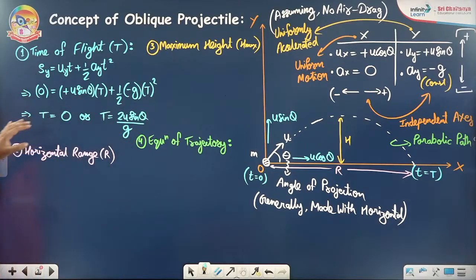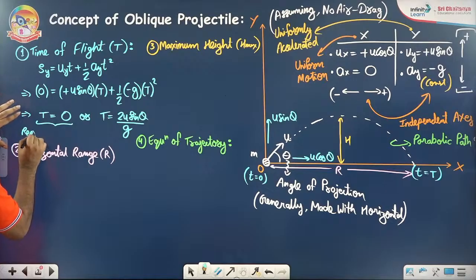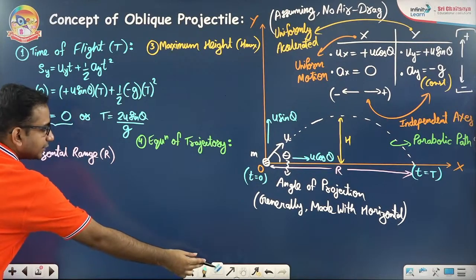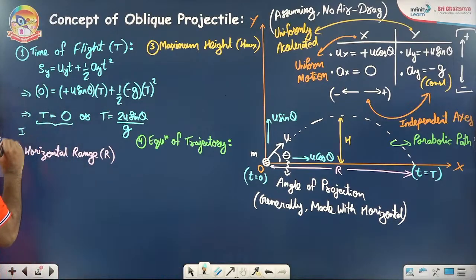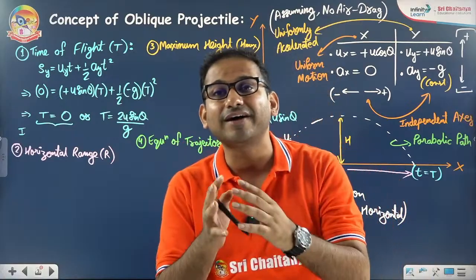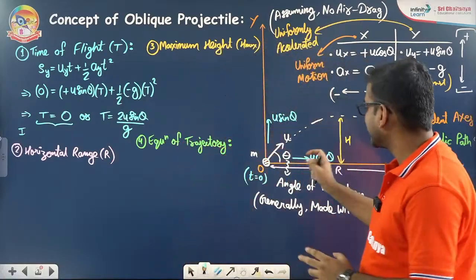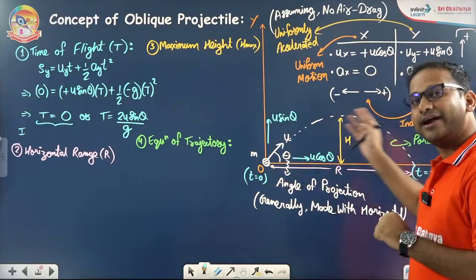So T equals 0 represents the initial situation. We have mathematically applied the condition of when the y coordinate will be 0. So the y coordinate is 0 at two different times, initially and finally.